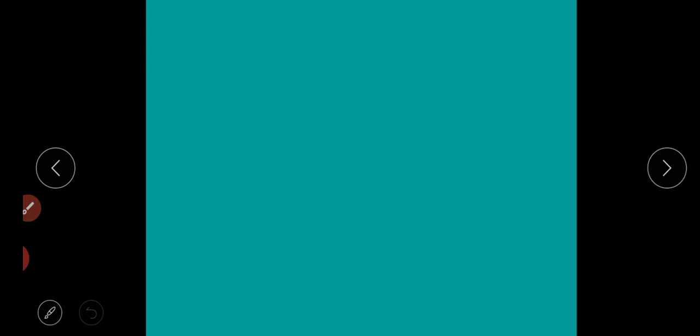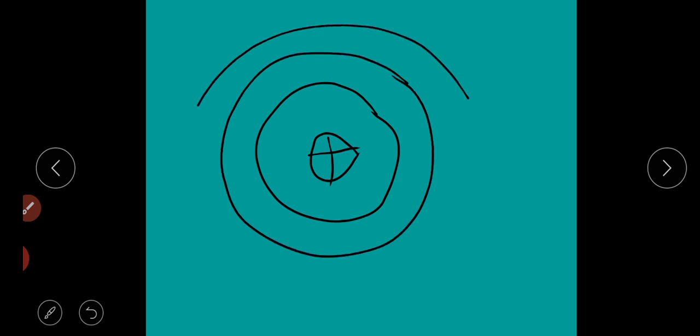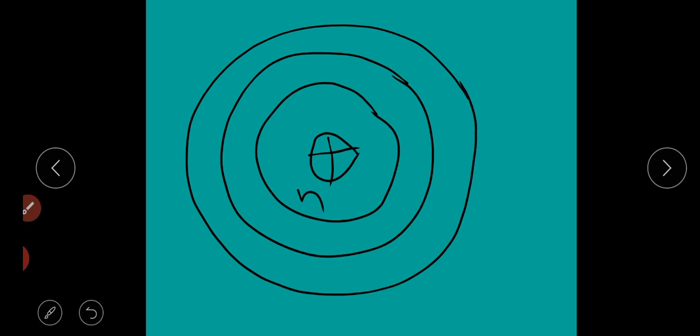Here you have the nucleus. These are the energy levels, the orbits of the electron. Here we can take n equal to 1, n equal to 2, n equal to 3.